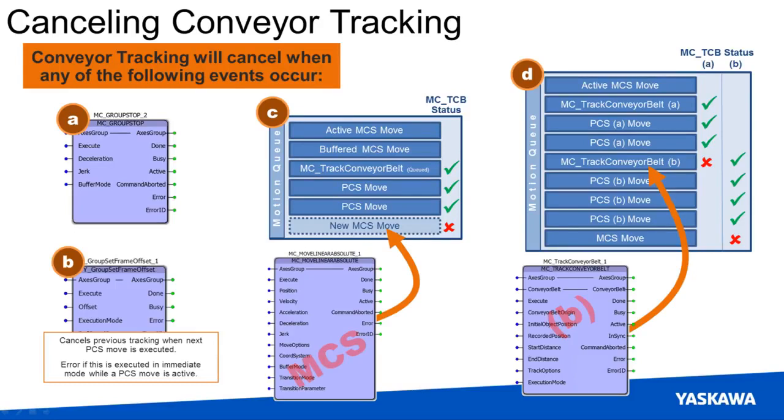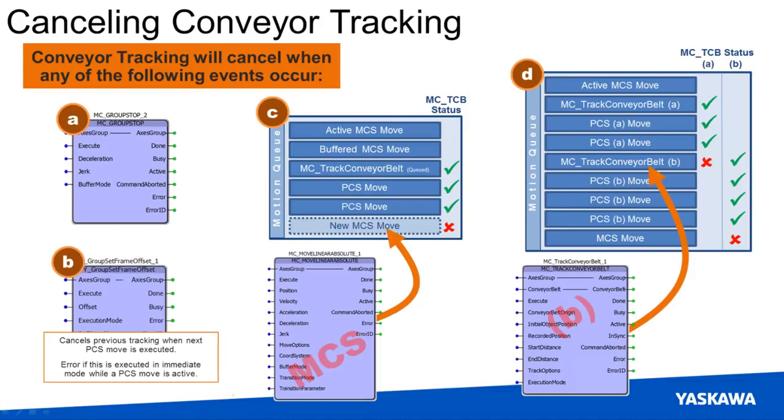So in this particular case, I have MC track conveyor belt part A happening, and then I call MC track conveyor belt again. So the relationship is broken between the first one and started between the second one.